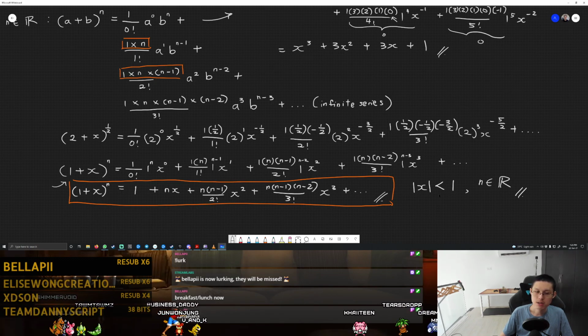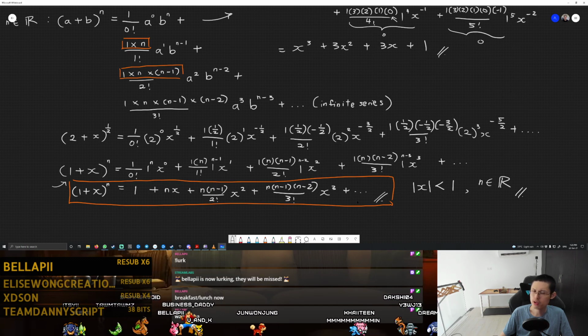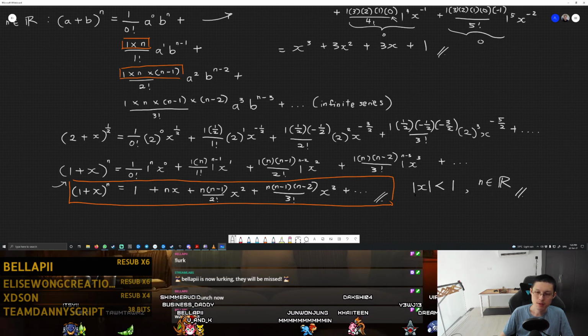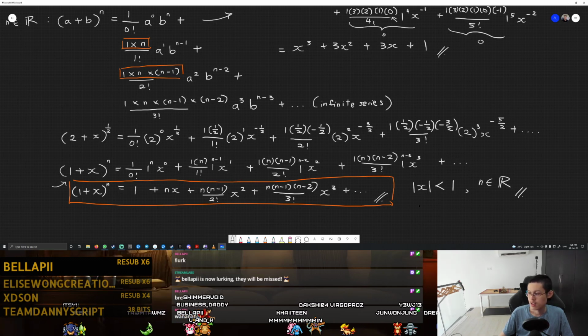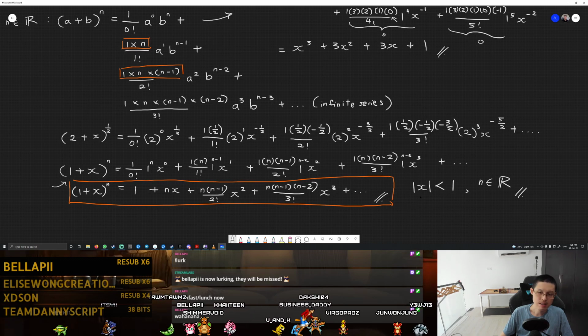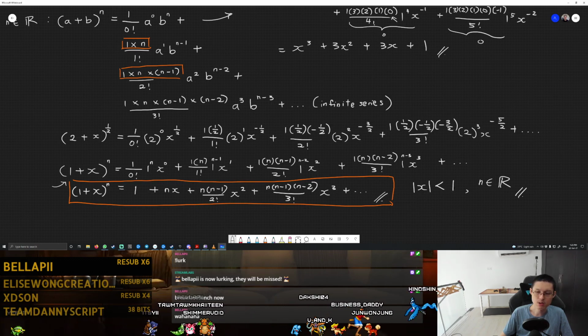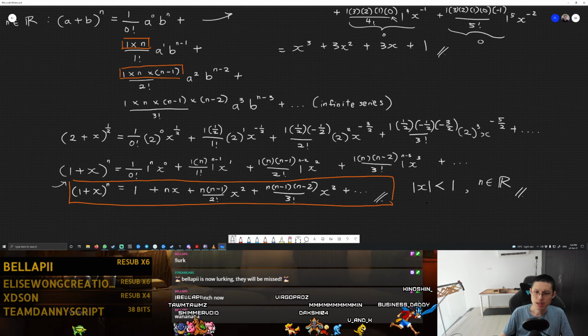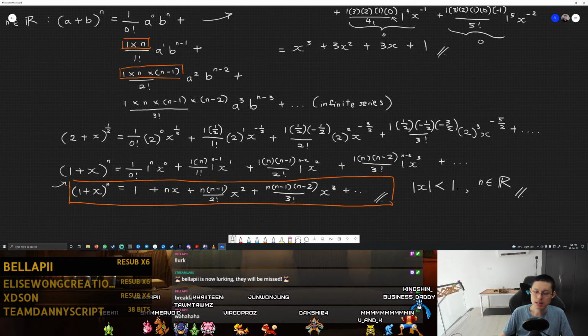I think there's an alternate way of deriving this guy using the geometric series, but I'm not sure, and I think that's where it comes from. However, like I said, I'm not sure. If I've worked out why exactly this is the case, I will let you guys know. But for now, just know that the condition is going to be less than 1.